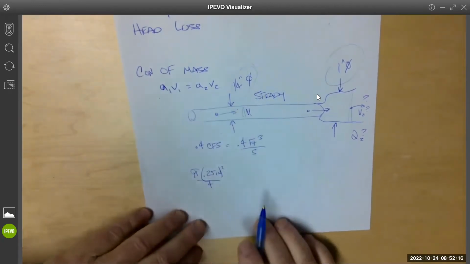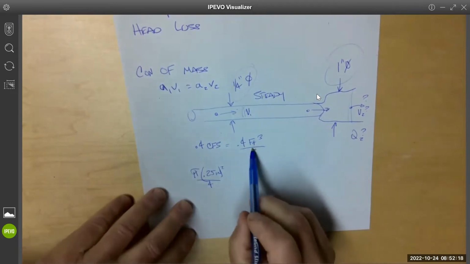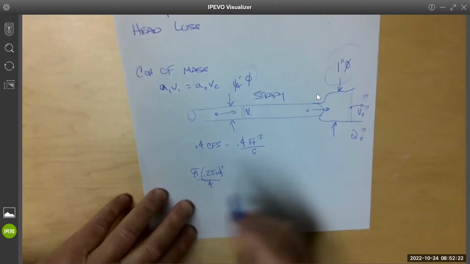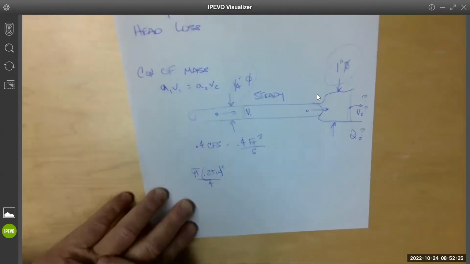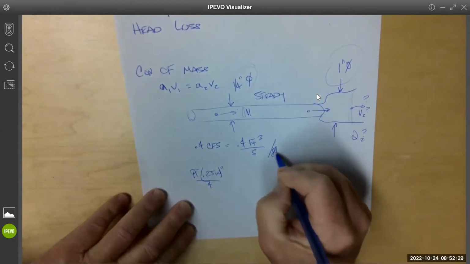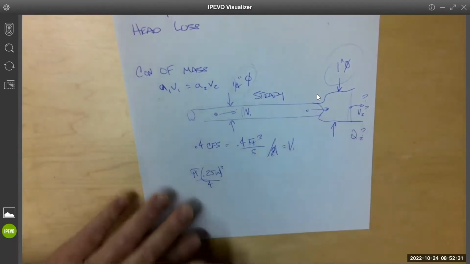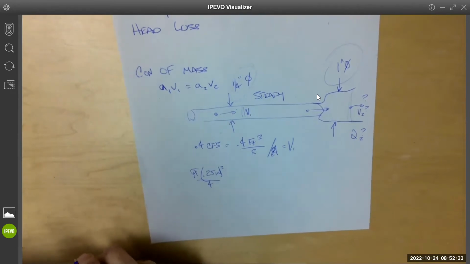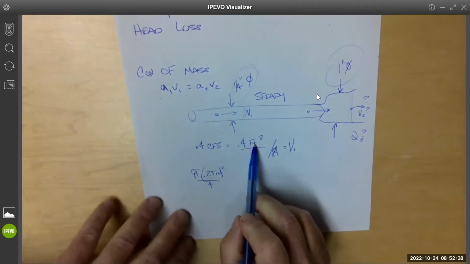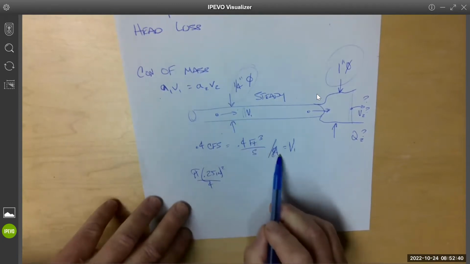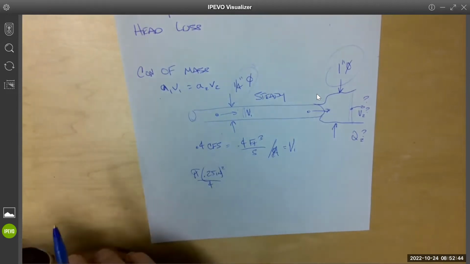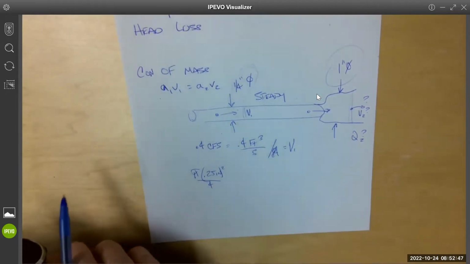So A1, V1, we got to get the velocity. We have the area. How do we get velocity? We divide the flow by the area to get velocity 1. But our units got to work out, right? So we need our area in feet squared to get a velocity in feet per second.